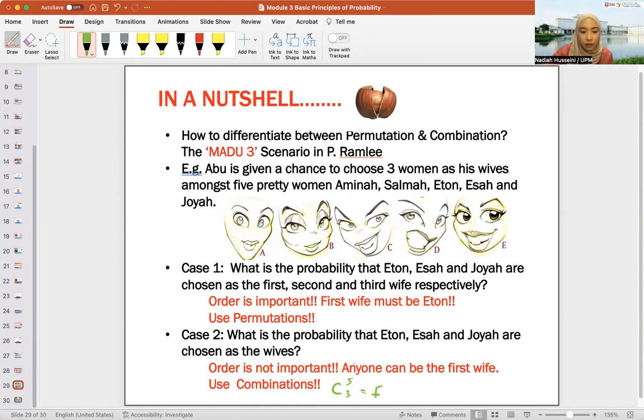In the first case, order is important, so permutation 5 choose 3 is your frequency. How do you get the n? Remember, probability of something is f over n. How do you calculate n for this case? That's for another time.